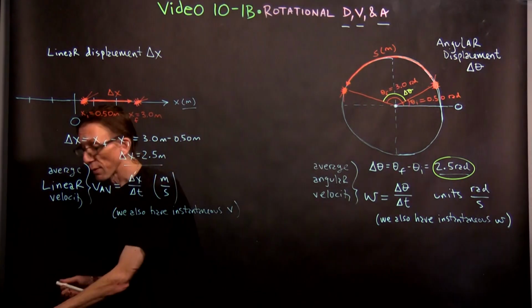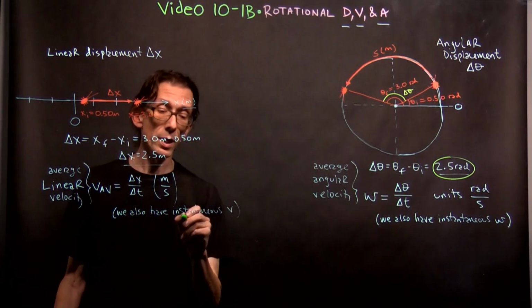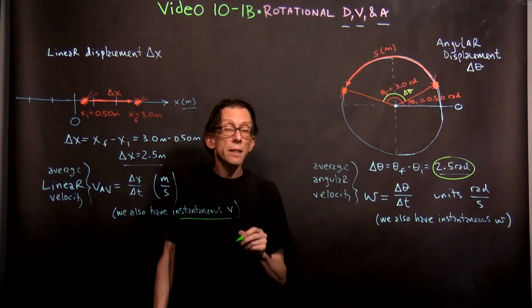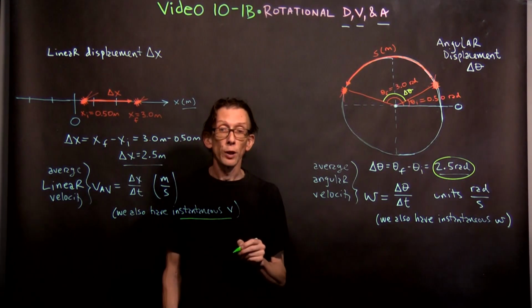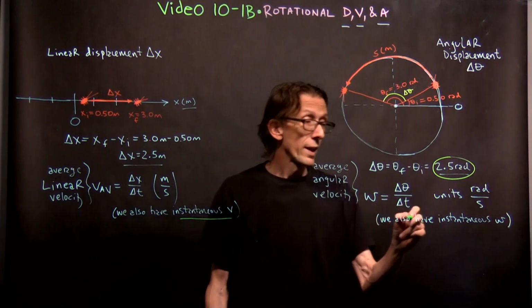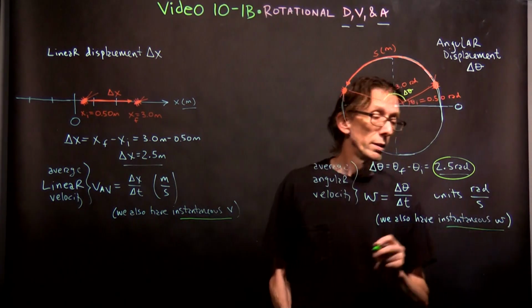Right? And there's a distinction between the two. Instantaneous velocity in linear land is just the velocity at any given instant. Same thing over here. We have instantaneous velocity.